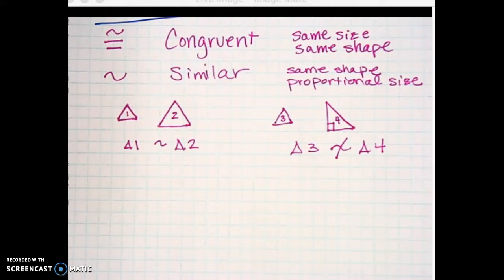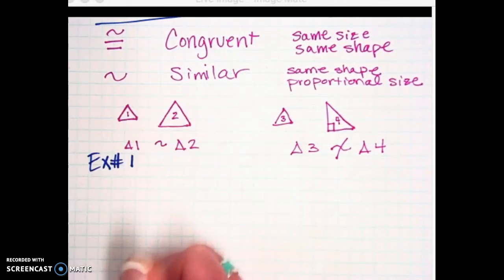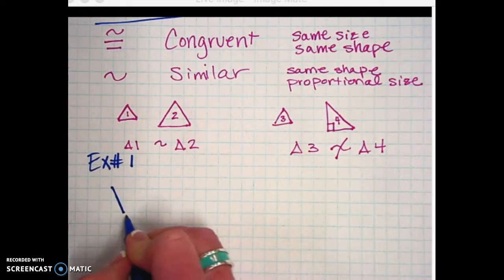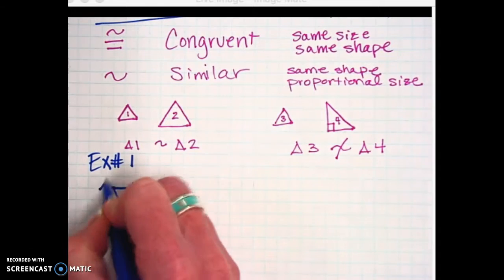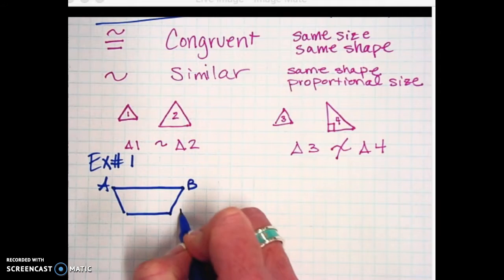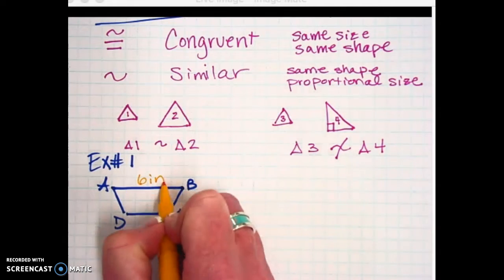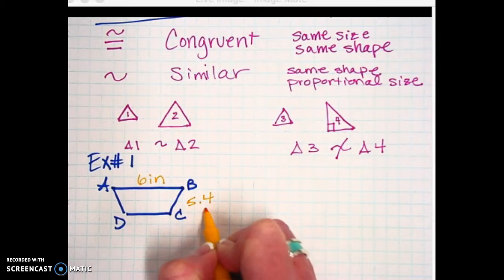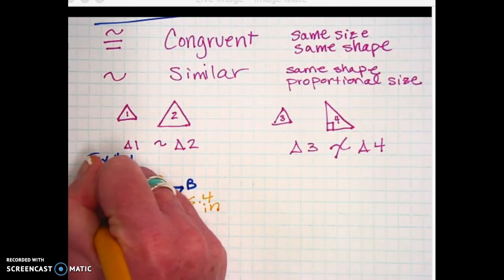All right, so here's the kind of thing you're going to see. Example number 1. I'm going to give you a trapezoid. I'm going to give you some measurements. We're going to go 6 inches here, 5.4 inches over here, 4 inches down here, and 5 inches over here.